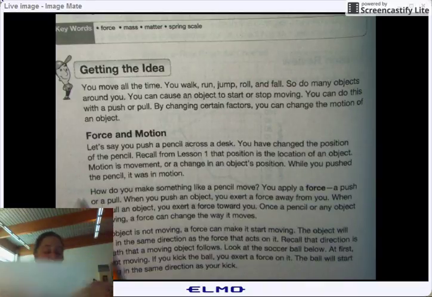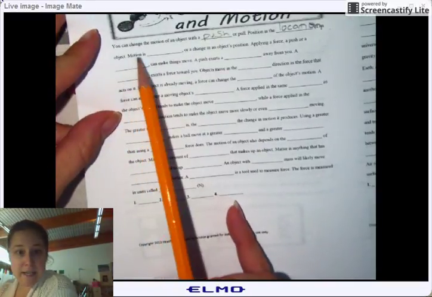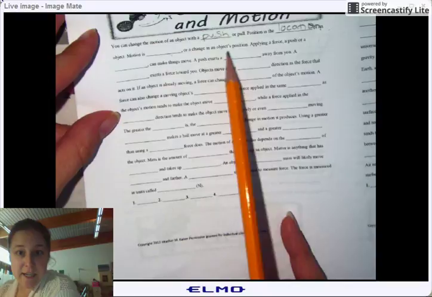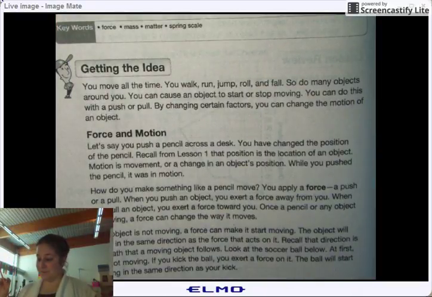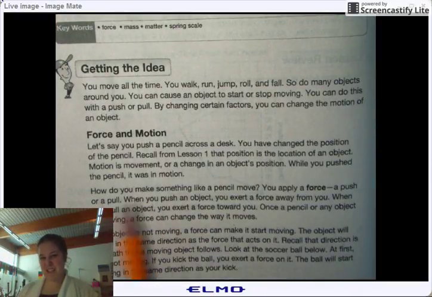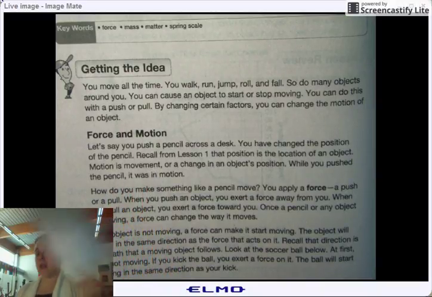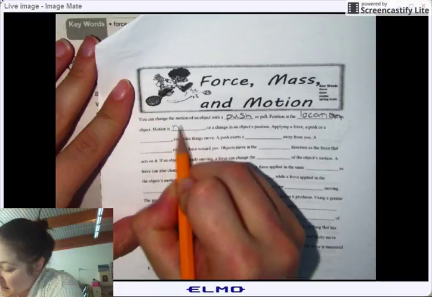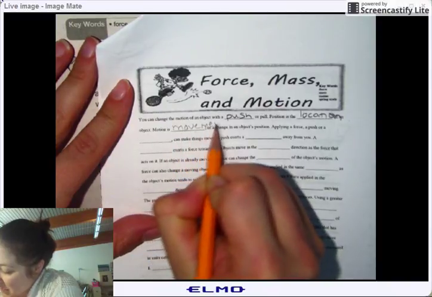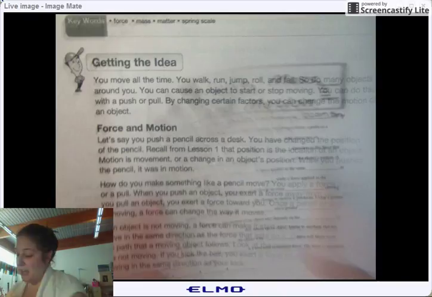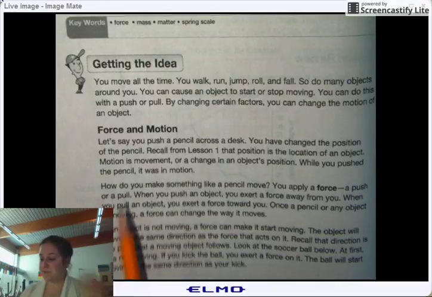Next thing you can answer, motion is blank or a change in an object's position. Yep, motion is movement or change in an object's position. Applying a force we have not gotten to.